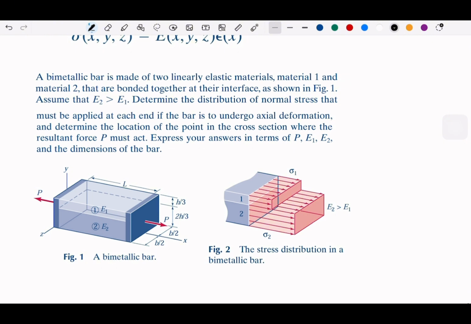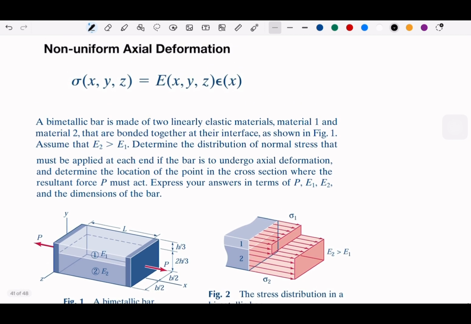So we need to calculate both of them. Remember that the basis is we are going to take the stress equal to E multiplied with the strain. Okay? And of course, we need to also consider the dimensions. So the dimensions will have some impact on the calculations for the resultants, especially the centroid.